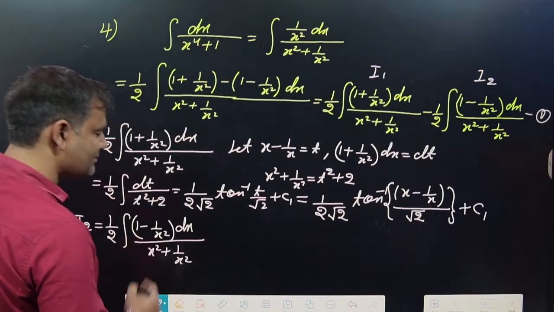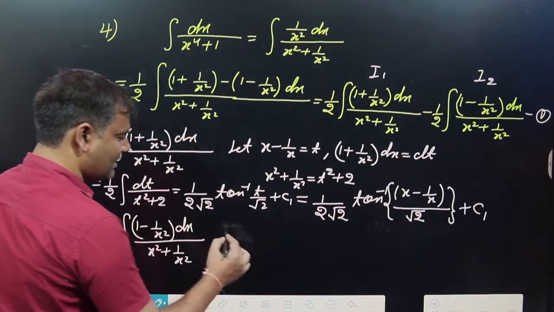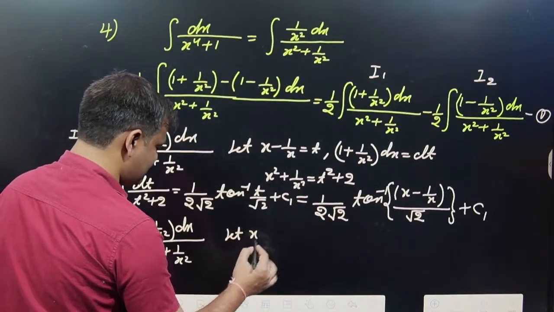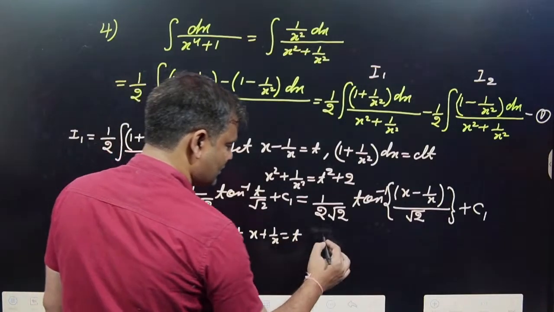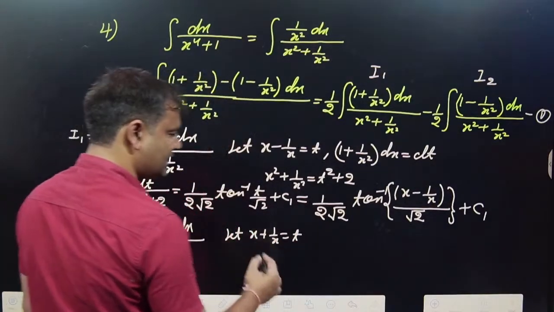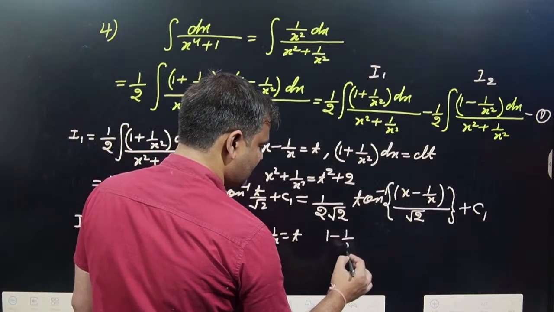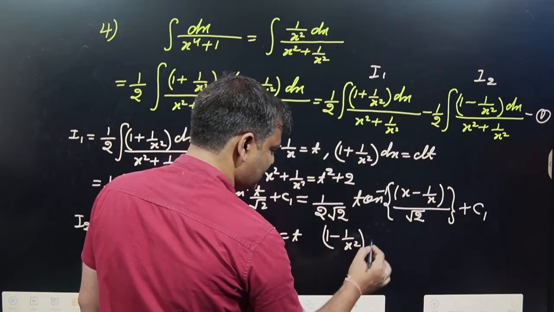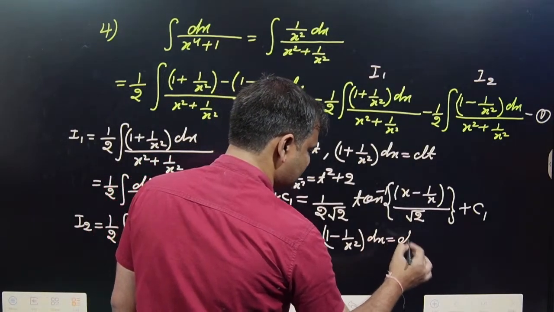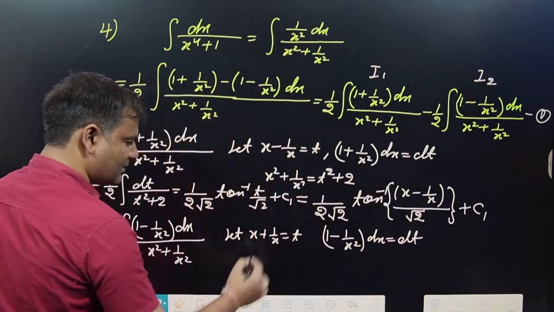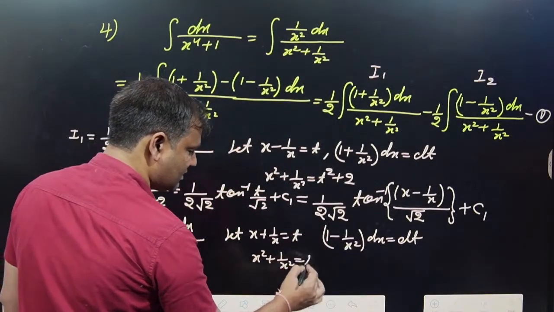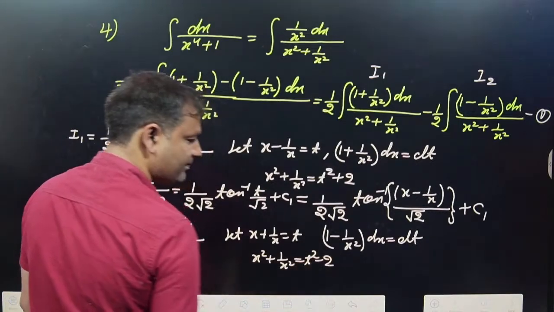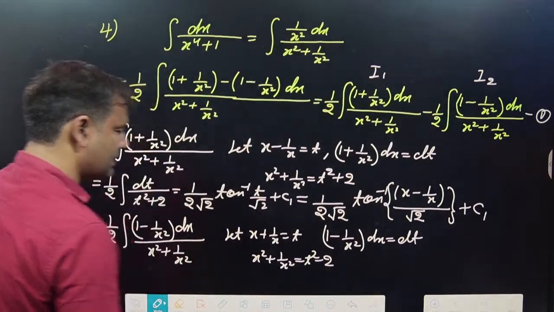Look here, let x plus 1 upon x be equal to t. So if we differentiate this, we get 1 minus 1 upon x square dx equal to dt. Squaring both sides, then x square plus 1 upon x square is equal to t square minus 2.